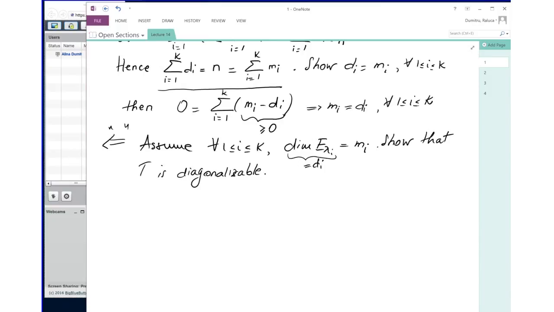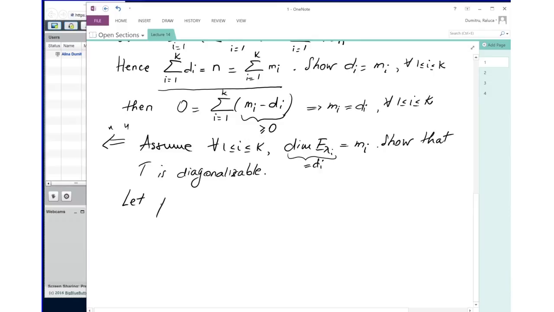In order to show that an operator is diagonalizable, we have to come up with a basis of eigenvectors, right? This is all we need. And we already have an idea how to do that. We're going to take a basis for each E_lambda_i and just take the union of those things and hope that it is what we get.